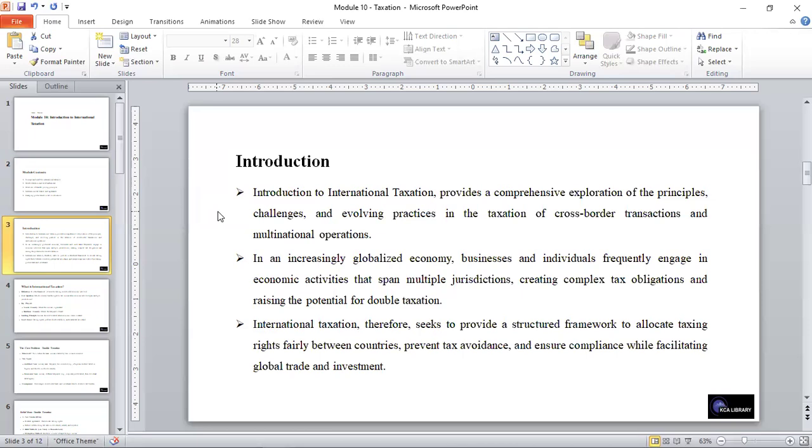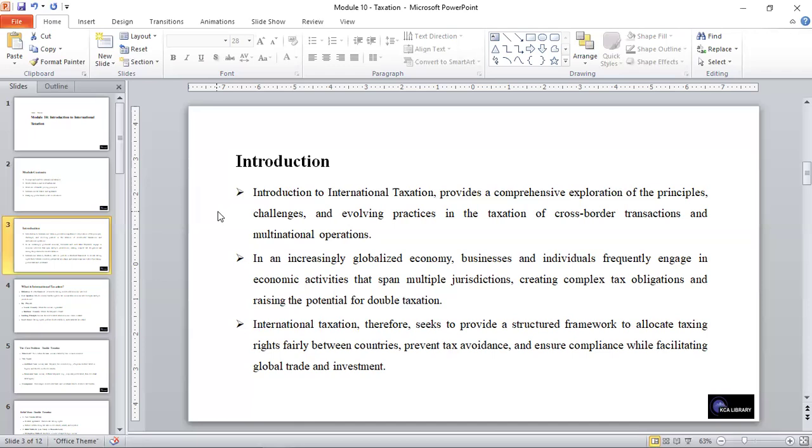In an increasingly globalized economy, businesses and individuals frequently engage in economic activities that span multiple jurisdictions, creating complex tax obligations and raising the potential for double taxation.